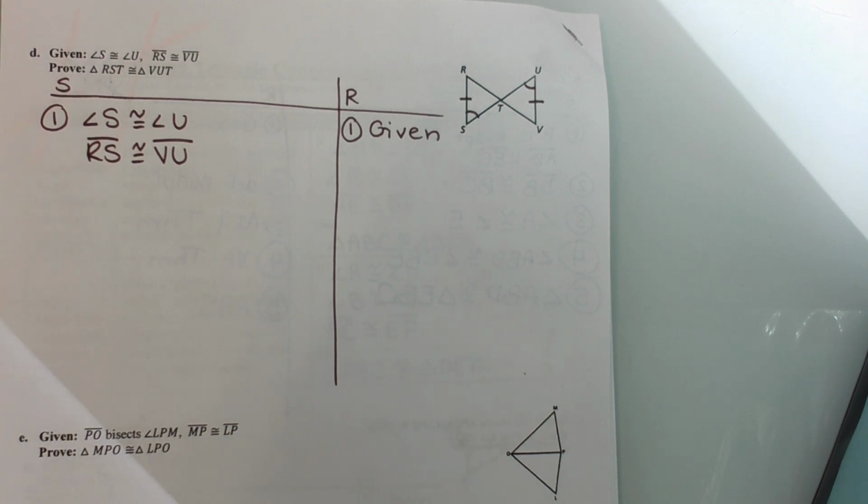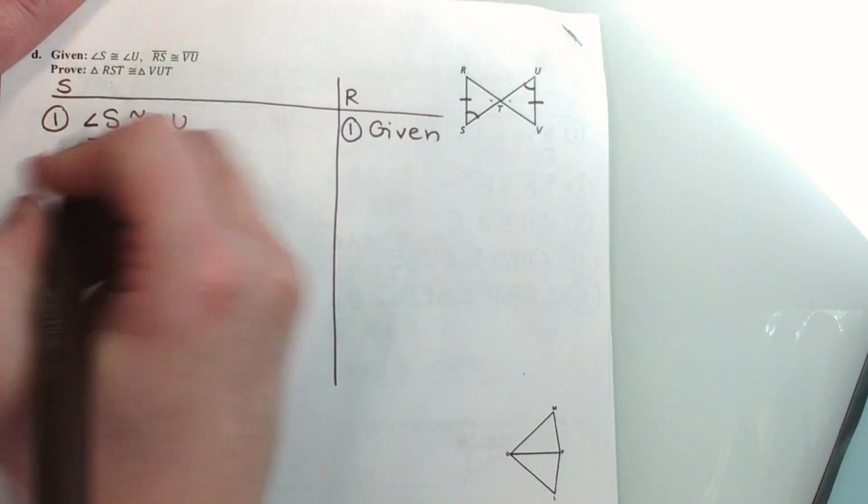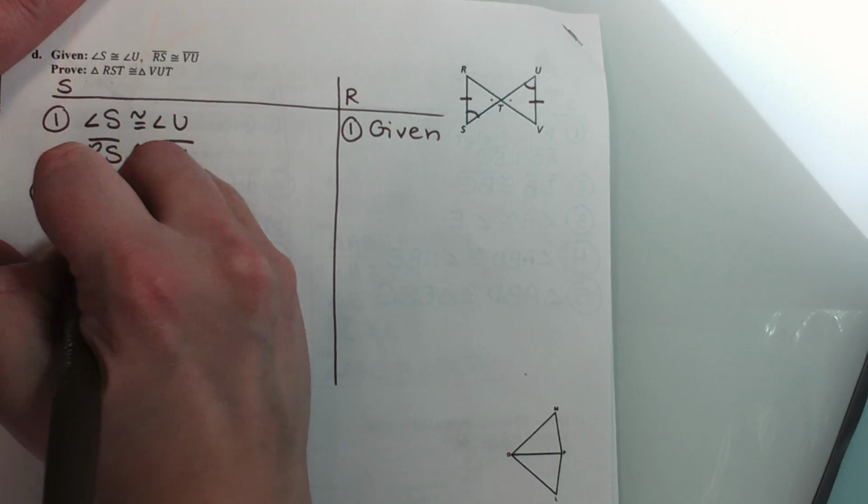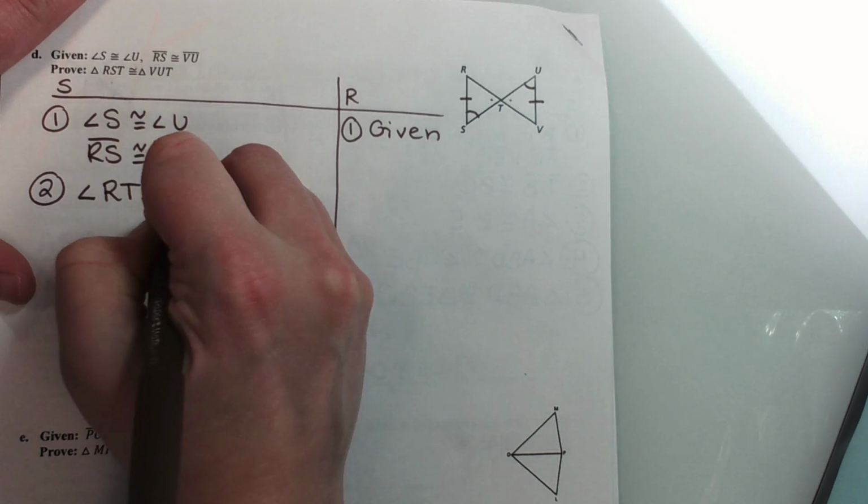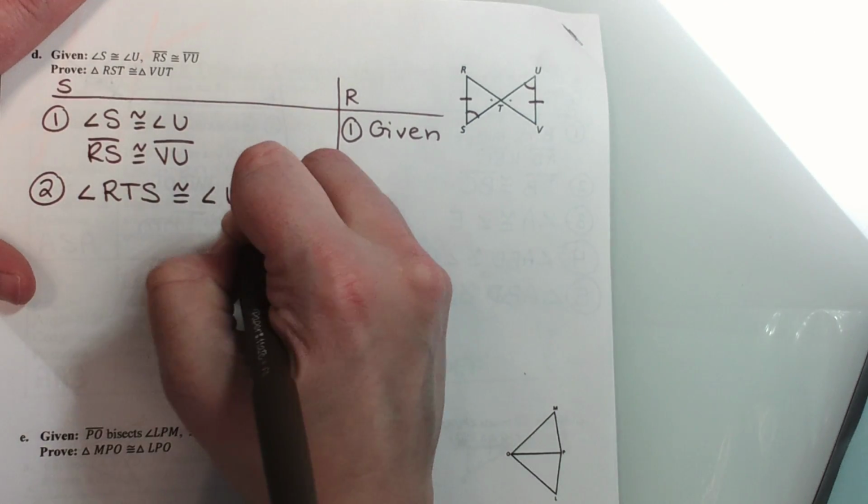I don't have words. I don't have symbols I can use. I've got a picture. What can we get from the picture? Vertical angles. Do you see the X showing up with the sides again? Yeah. Angle, it's RTS and UTV.